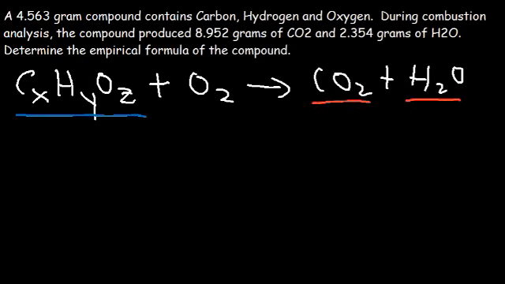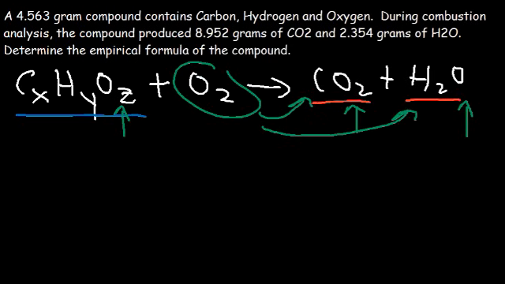However, the moles of oxygen found in CO2 and water do not equal the moles of oxygen in this compound, because some of the oxygen in the air incorporates itself into CO2 and water. So you don't want to find the moles of oxygen from CO2 and water. You need to find it a different way.